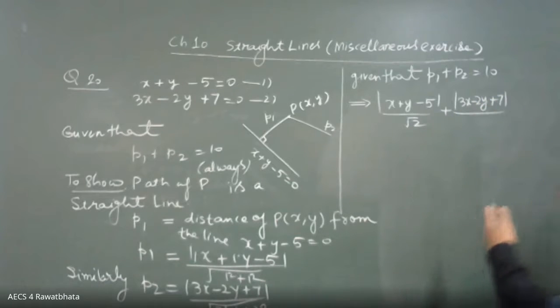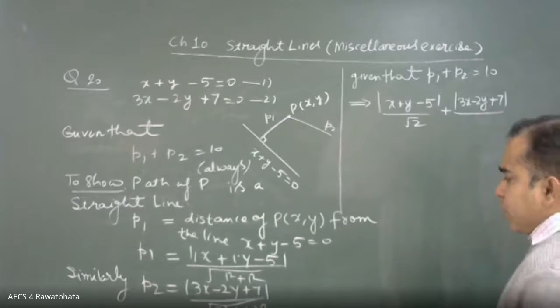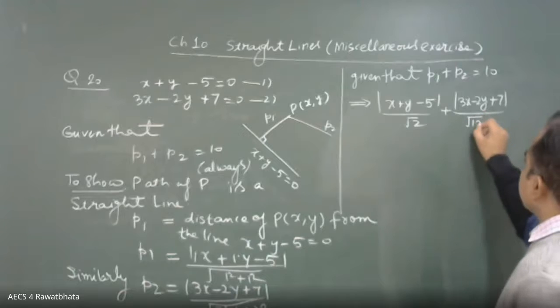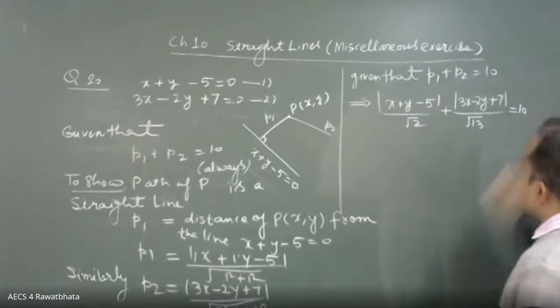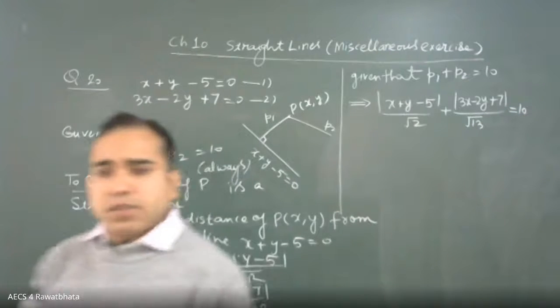Can you solve it and tell me? Root of 9 plus 4, 13. Root 13 is equal to 10. Students, what should we do next? Suggestion, please.